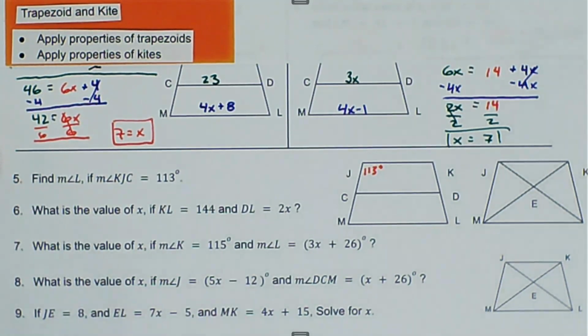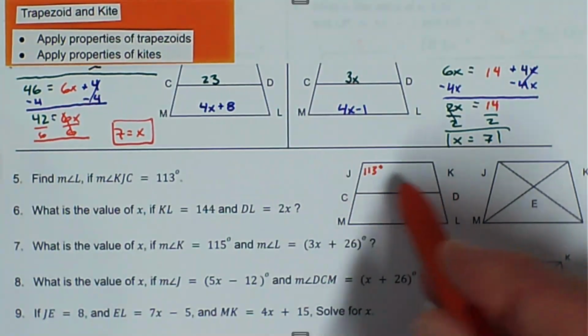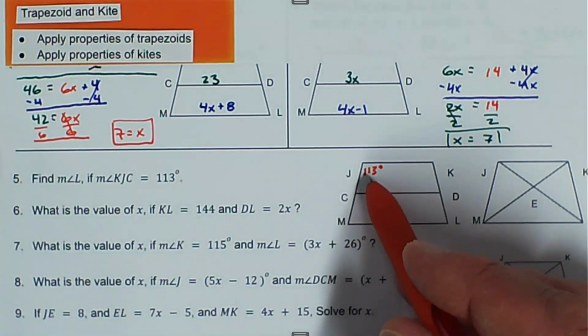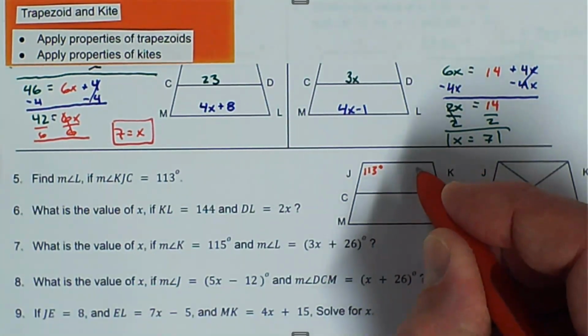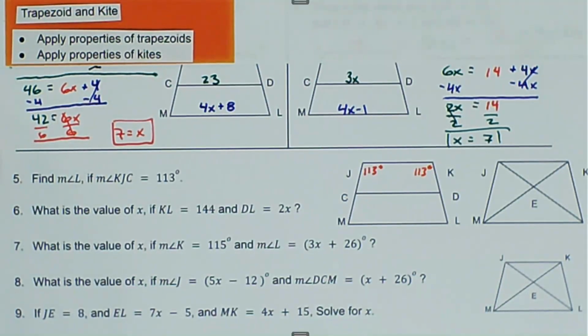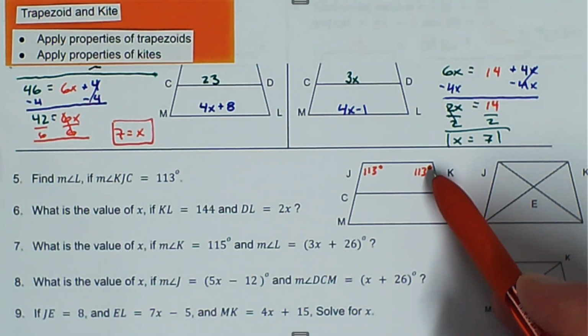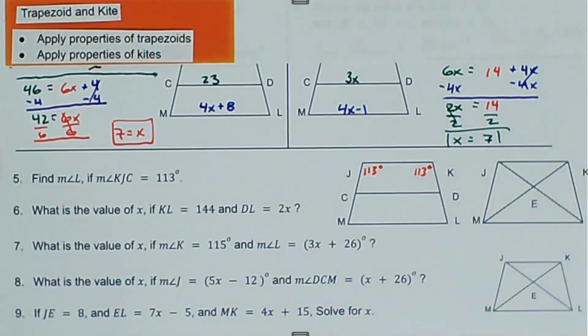So some things that we know: base angles are congruent because this is an isosceles triangle. So we know this is 113, so this is also 113 degrees. And we also know that angles that share a leg are supplementary.